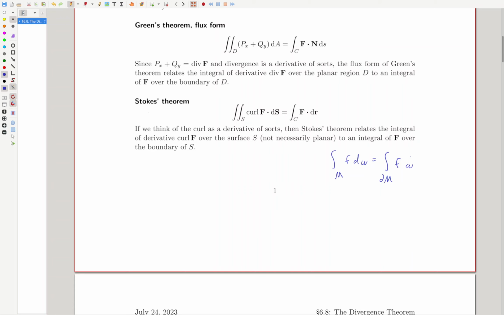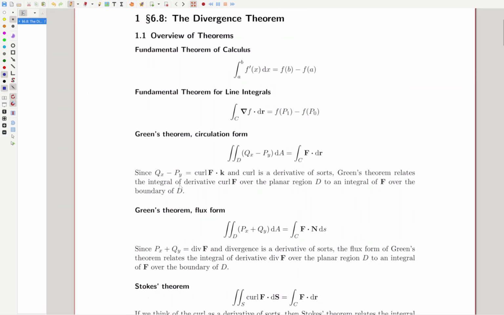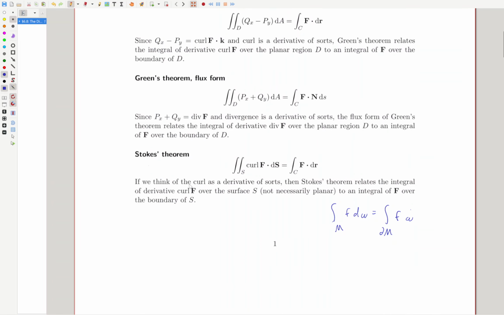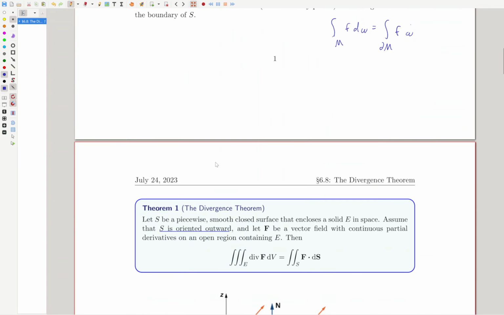So you can see that Stokes' theorem satisfies this, Green's theorem, and divergence theorem. I think actually every single integral on this page can basically be thought of in this way. Right, so those are all the main points that I wanted to hit.